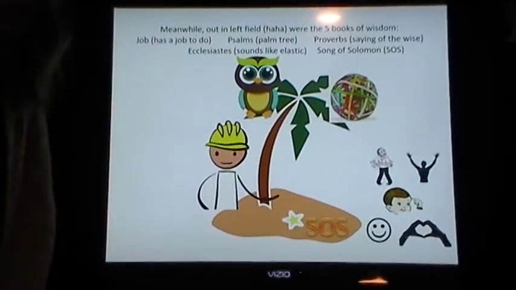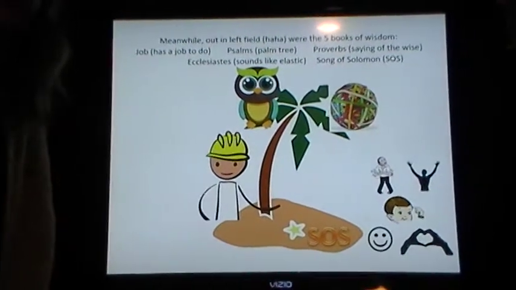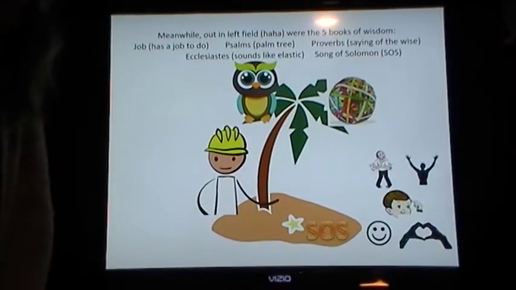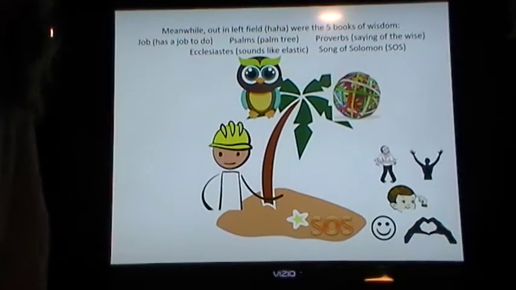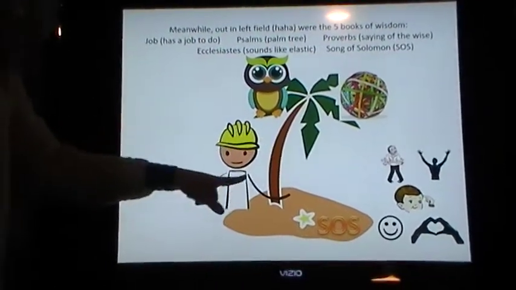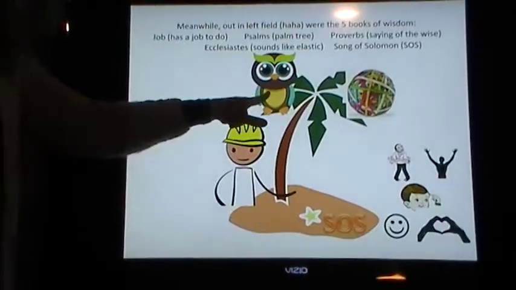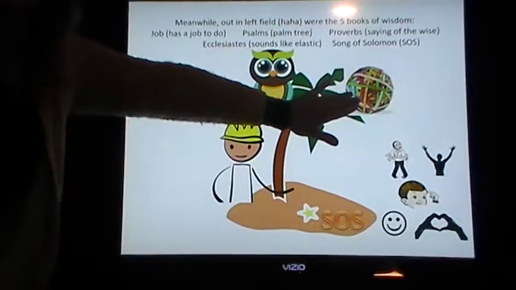Owls are supposed to be wise, right? Owls are wise. People who are wise often have wise sayings, and those are called proverbs. So this owl is Proverbs. Job, Psalm, Proverbs.